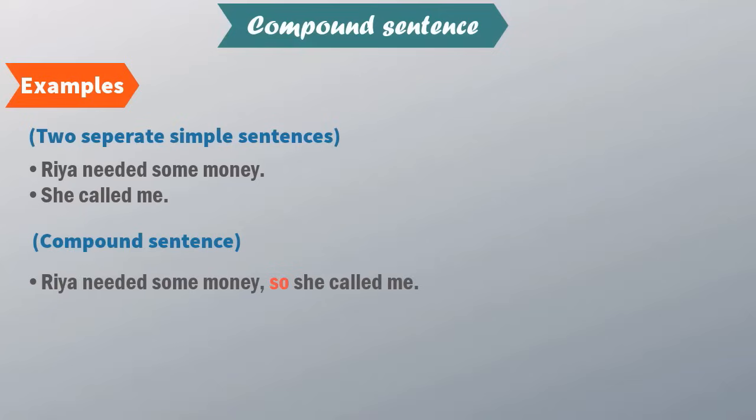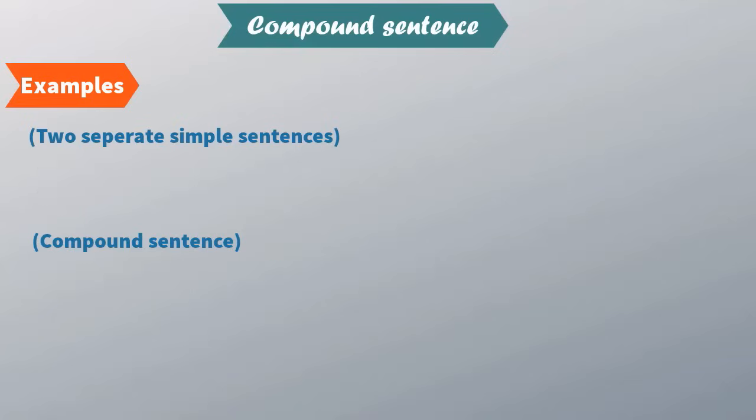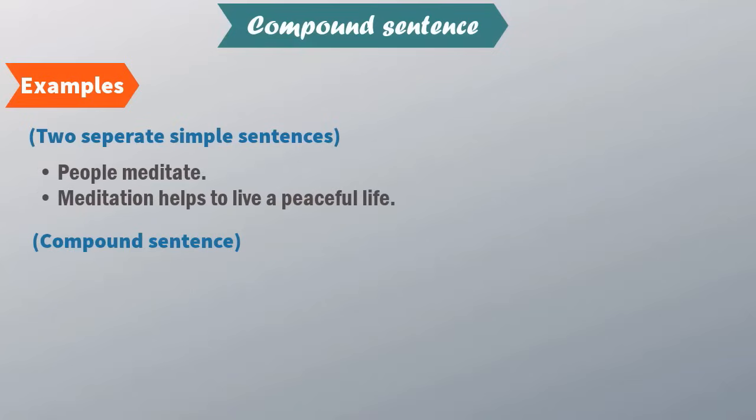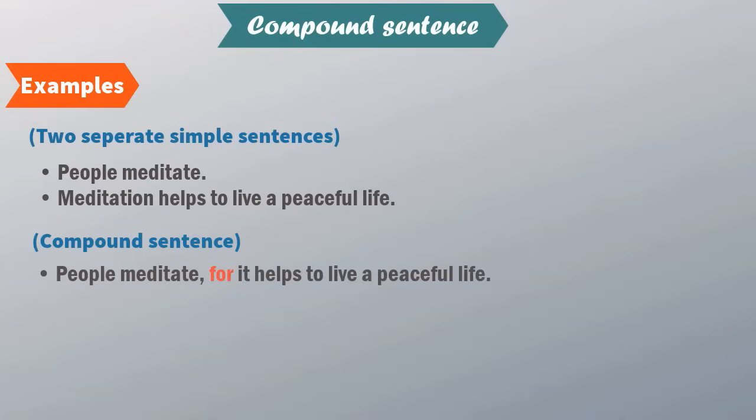Look at the examples. Okay, let me show you one more example. People meditate. Meditation helps to live a peaceful life. These are two separate sentences, simple sentences. Let's make a compound sentence. People meditate, for it helps to live a peaceful life. For is a coordinating conjunction, it talks about the reason: it helps to live a peaceful life, right?